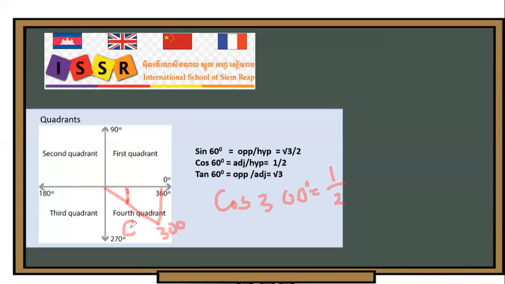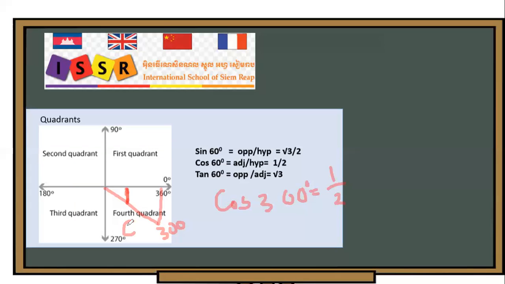Let's go to the tan. The same thing, this is the tan. Tan of this angle is like saying tan of 60 degrees. Tan 60 degrees is root of 3. Please remember, this is the fourth quadrant. In the fourth quadrant, it's only the cosine that is positive.